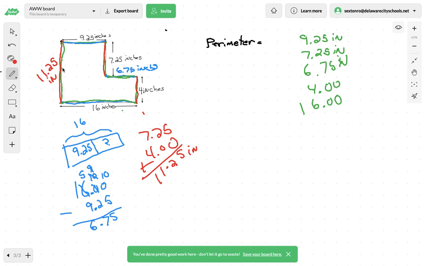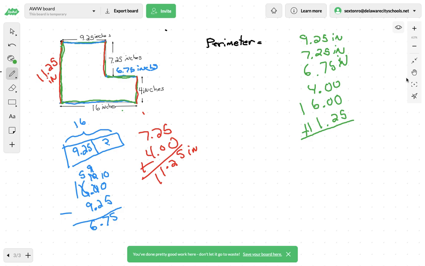So that long trek up there, this part right here has to be 11 wholes and 25 hundredths. Look at that beast. But if I add that all up, then I will have counted up all the sides.